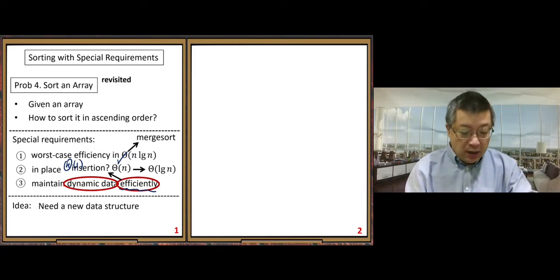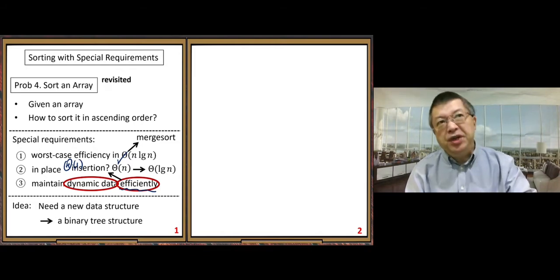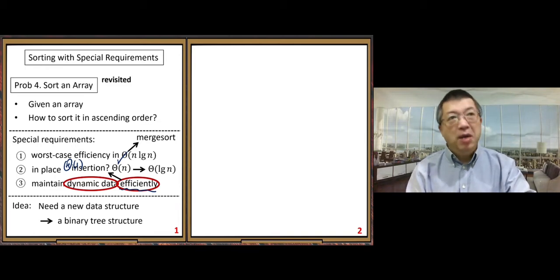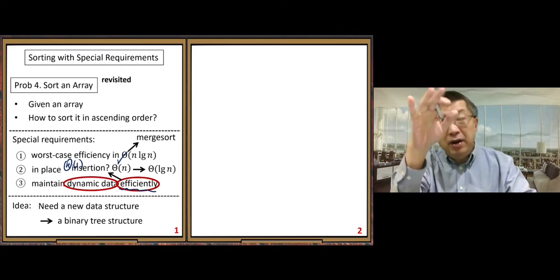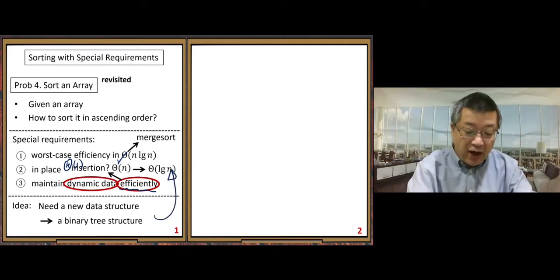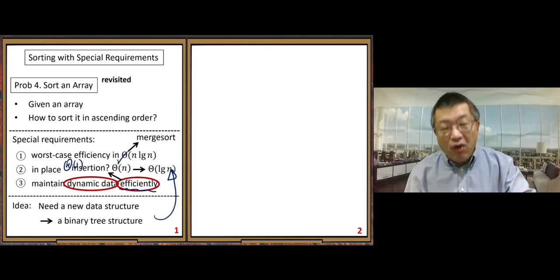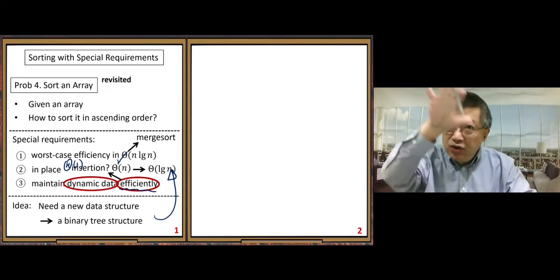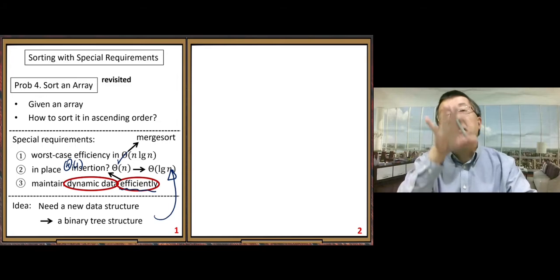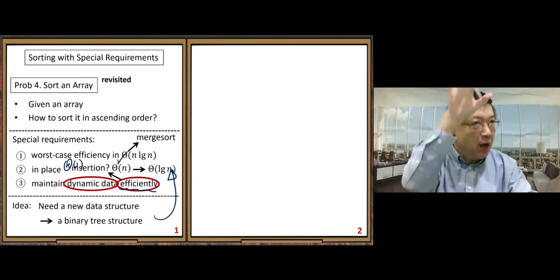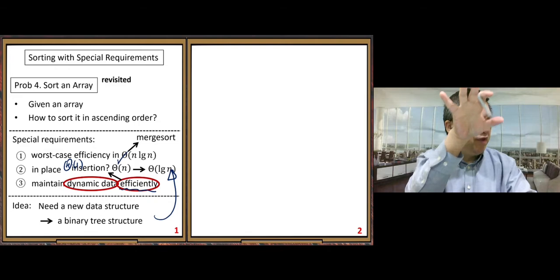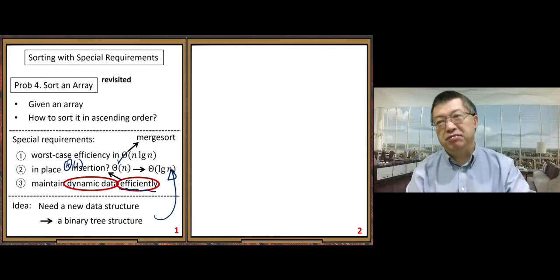It is a binary tree structure. Why binary tree? We know the height of a binary tree is log of n. If you can organize your data in a binary tree structure, then you have a good chance to get logarithm efficiency. That's the reason.